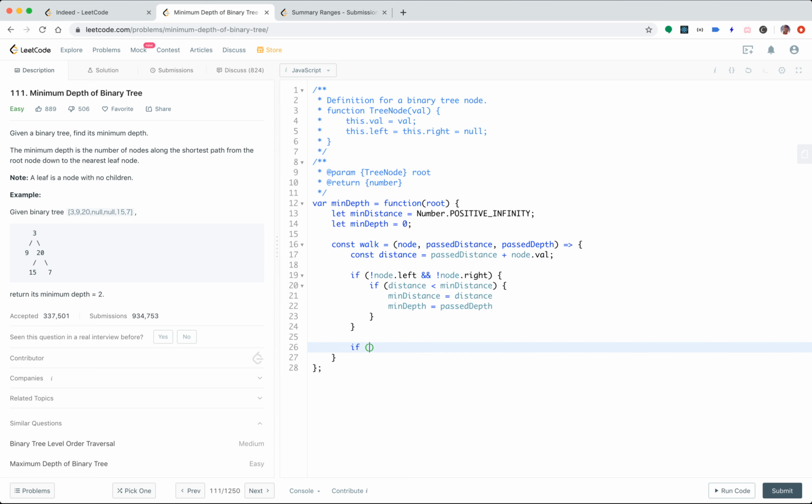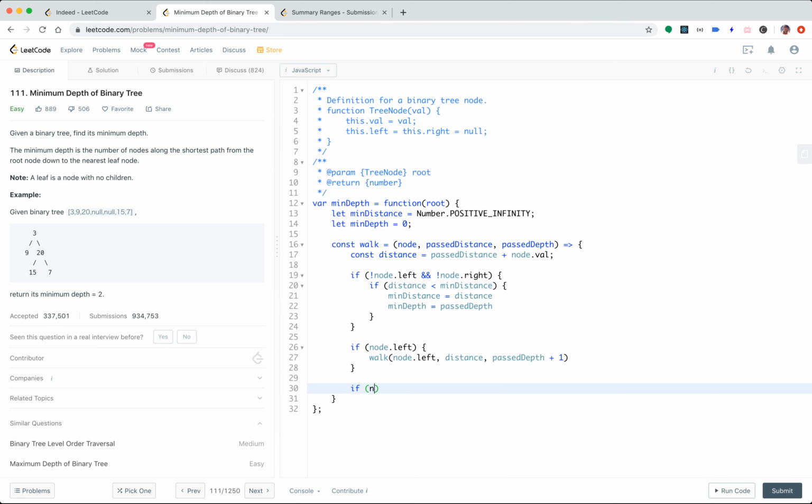If node left, walk node left, past distance is past depth plus 1.